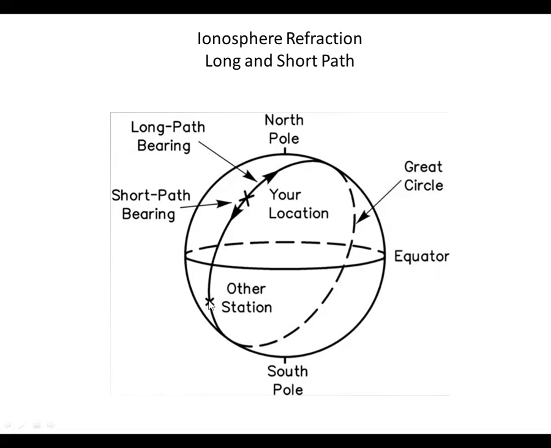But what this station will hear, if that's happening, is a bit of an echo, because even though the signals are moving at the speed of light, this distance being shorter than this distance, the long path signal will arrive at this station a little later than the short path signal, so you'll hear that echo effect.